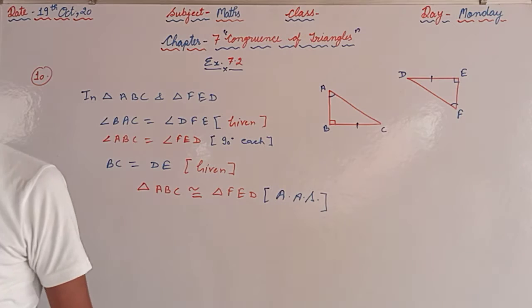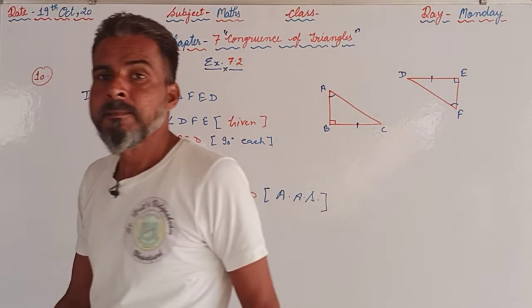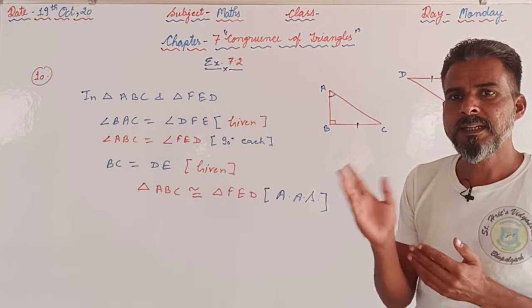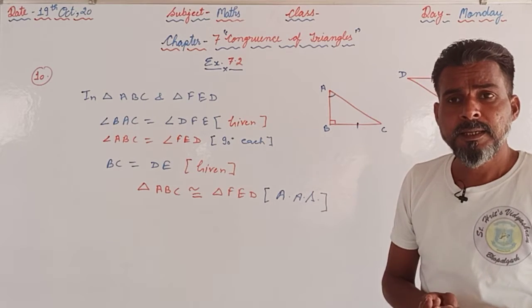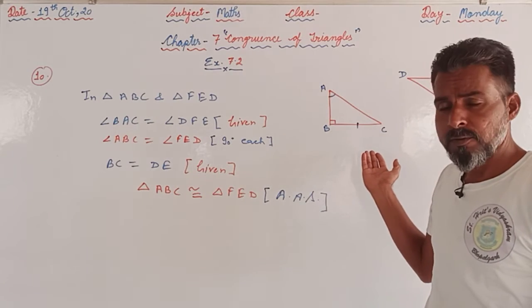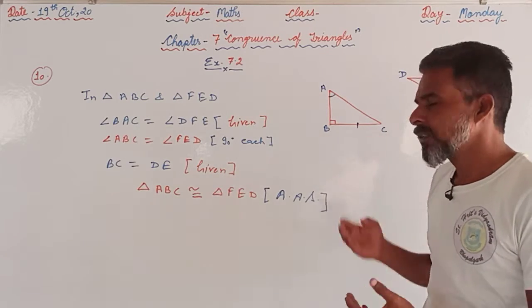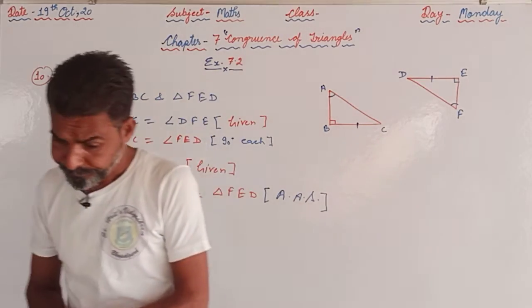This is the criteria which we are supposed to use in this question. Right angle triangle doesn't mean that we use only RHS. RHS means right angle, hypotenuse and side, so two corresponding sides of these two right angle triangles should be equal. Here two sides are not equal, two angles are equal, given equal, and one of the sides. That's why we are using the criteria angle, angle, side.